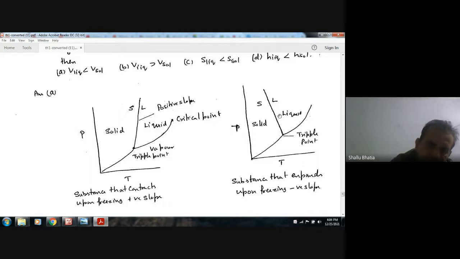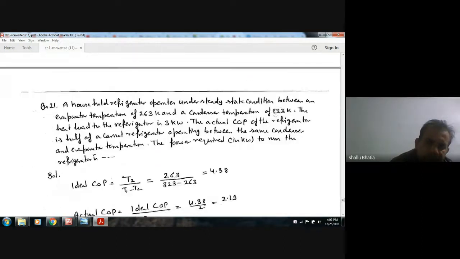When a decrease in volume takes place, there will be an increase in pressure; upon expansion the volume of liquid should be more. If we expand it, solid will be converted into liquid, so solid has more volume because of the negative slope. Okay, next.